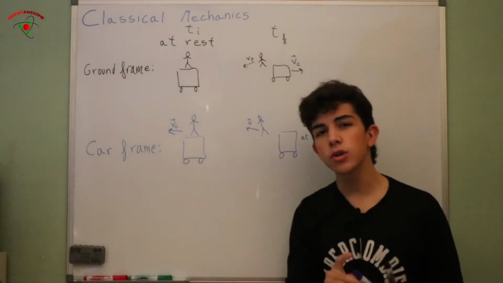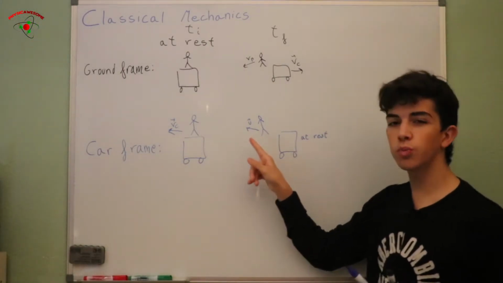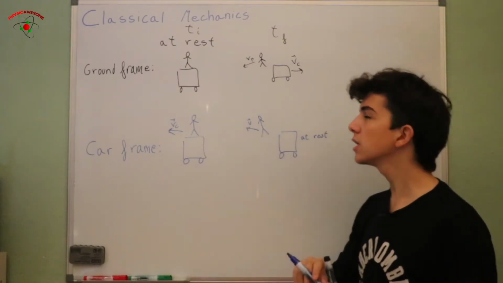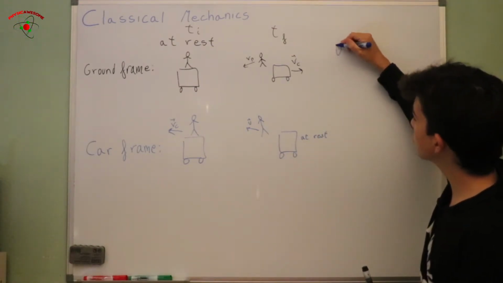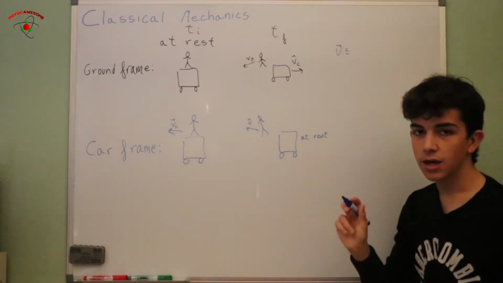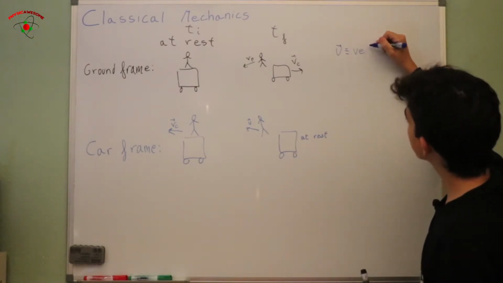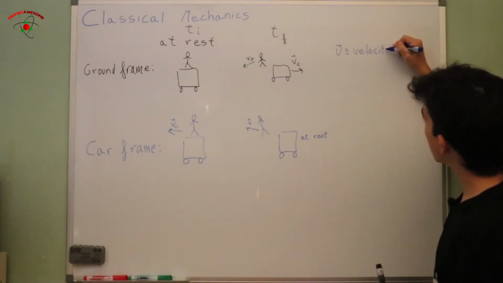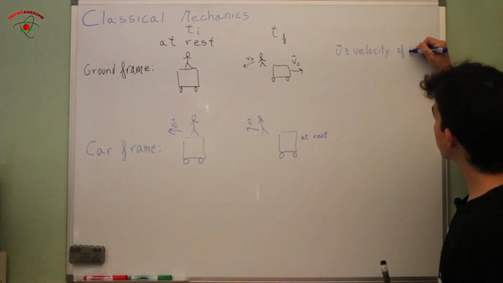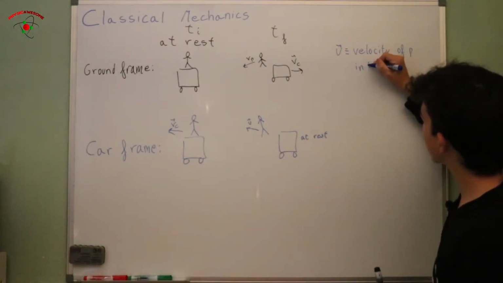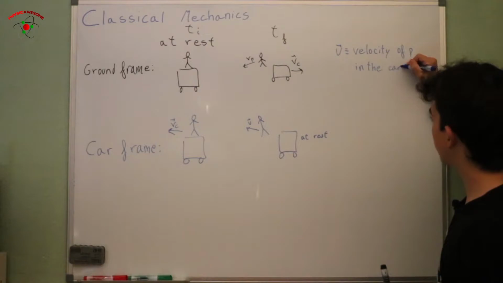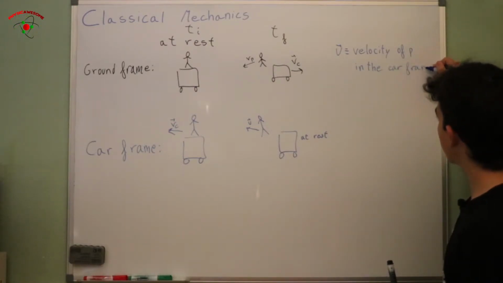Now we need to understand what this u velocity is. Let's see. We know that u is defined as the velocity of p, the person, in the cart frame.